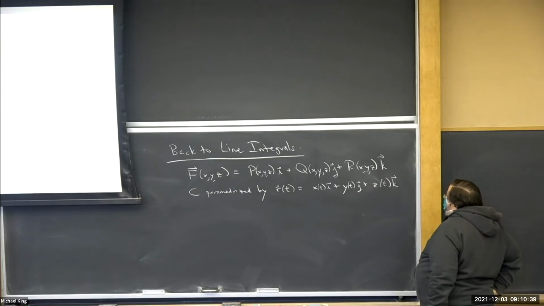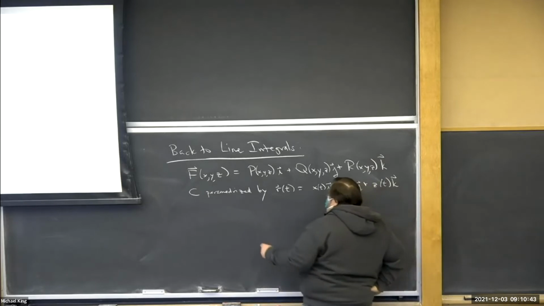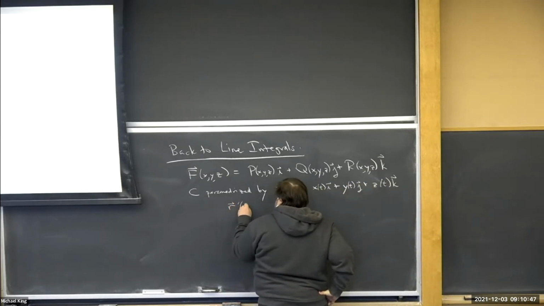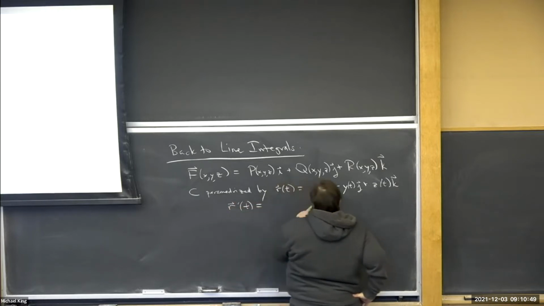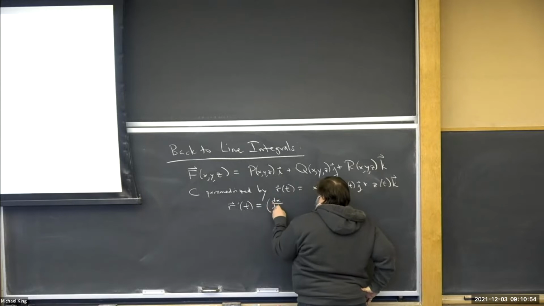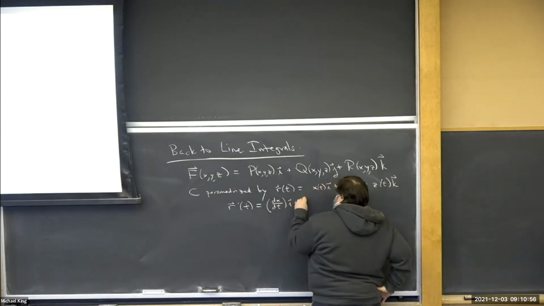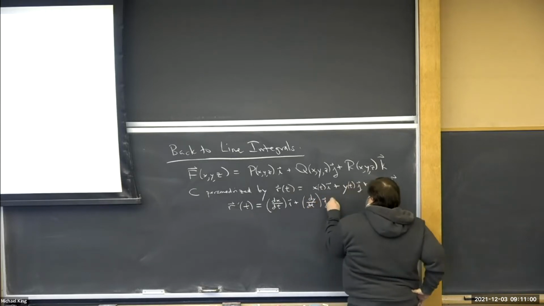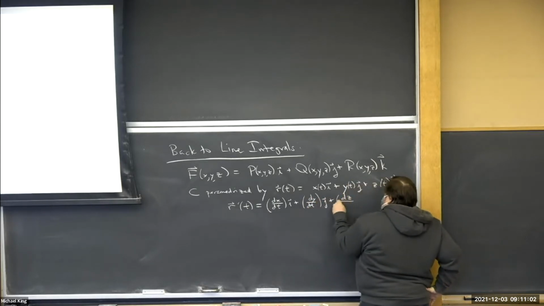Then one way to think about r prime, well, r prime is really like x prime. So we could write that as dx/dt i plus dy/dt j plus dz/dt k, right?